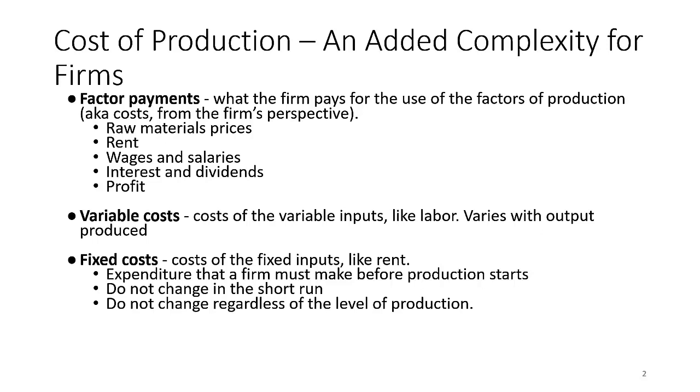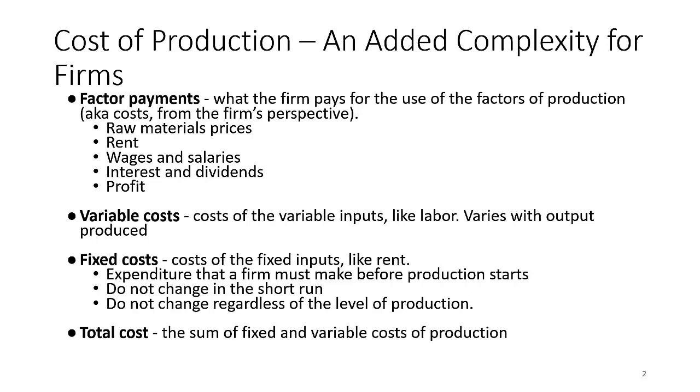For example, if you're running a restaurant, your restaurant land is a fixed cost, or the rent you pay is a fixed cost. It doesn't matter whether you sell one pizza or 10 pizzas, the cost of providing rent is exactly the same. So finally, we'll define total cost. This is nothing but the summation of the fixed and the variable cost. So when you add up fixed and variable cost, that is nothing but the total cost for a firm.